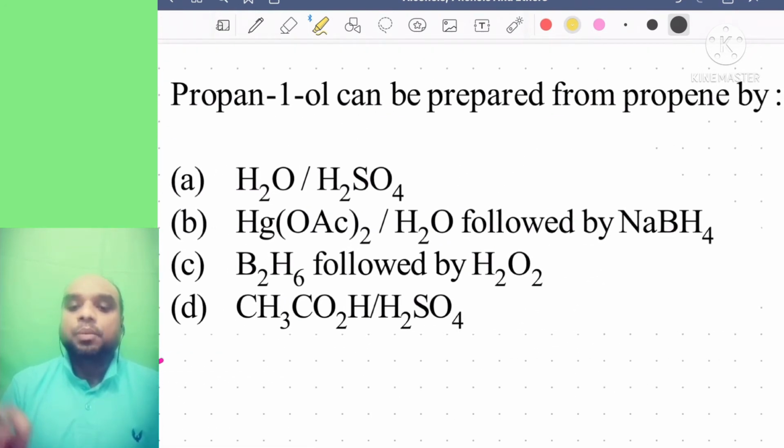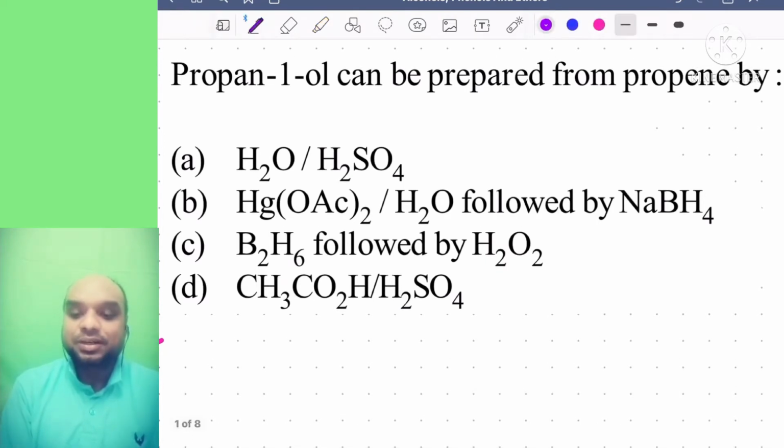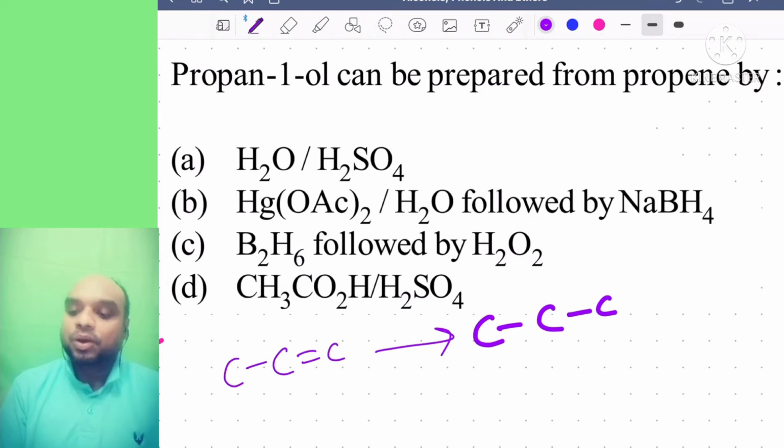Next question: propan-1-ol can be prepared from propene by which method? First I will write the equation. Propene is converted into propan-1-ol, with carbons 1, 2, 3.